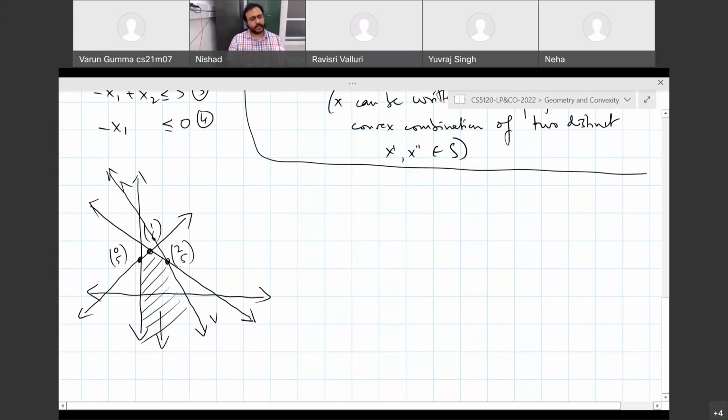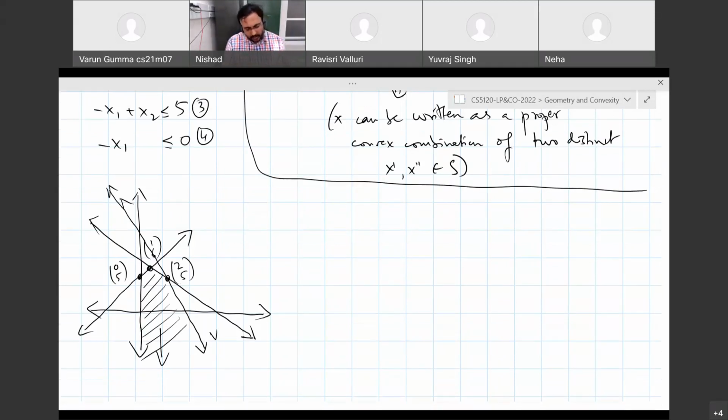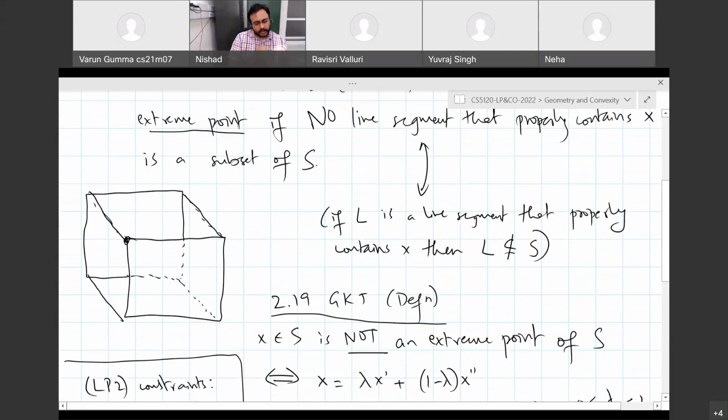So someone mentioned that these 3 extreme points are the intersection of 2 lines in this drawing. Every point is the intersection of 2 of the hyperplanes that we have drawn. If you go to a cube, then each extreme point is the intersection of 3 hyperplanes. Hyperplanes in R3 are going to be 2-dimensional objects, right?